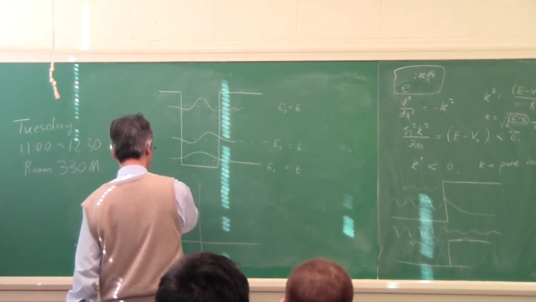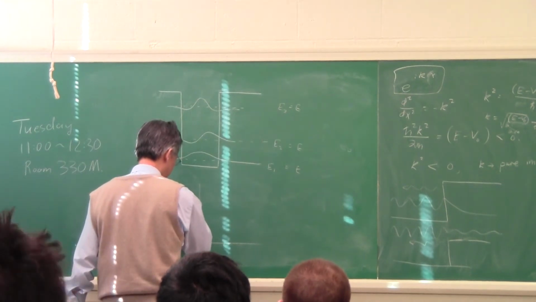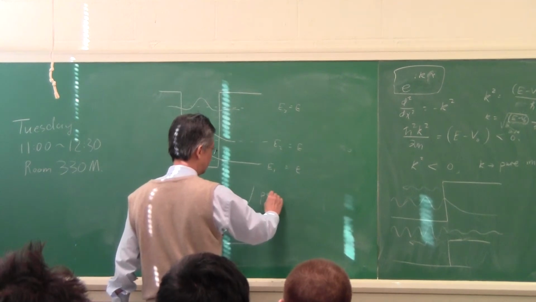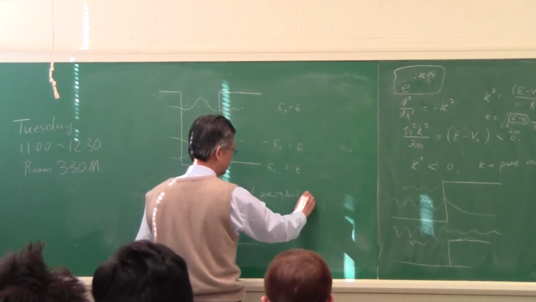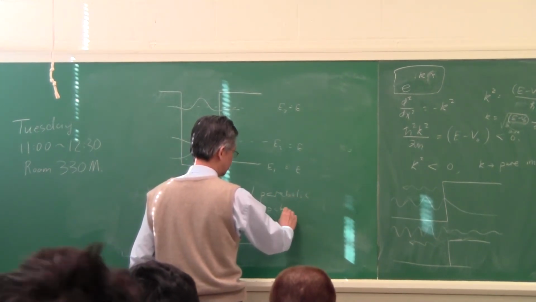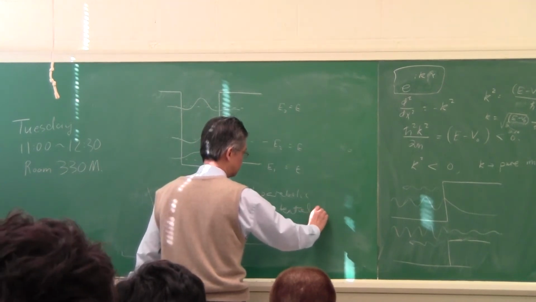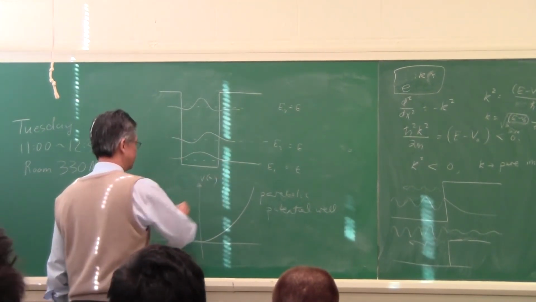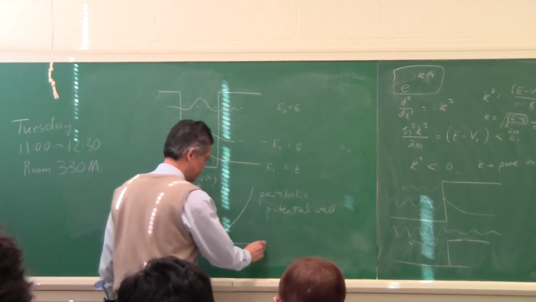Since everything is relative, I can draw the potential wall going through 0. This is a parabolic potential wall. V of x looks something like this. This is a very, very important potential wall.